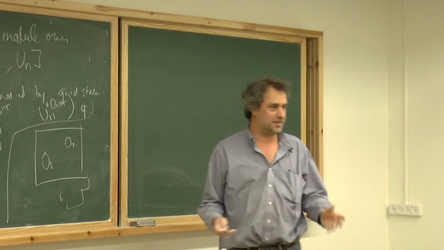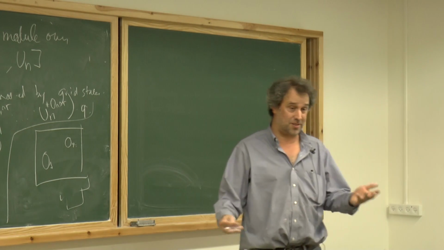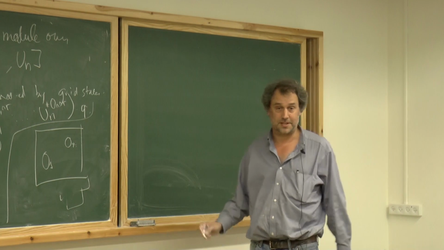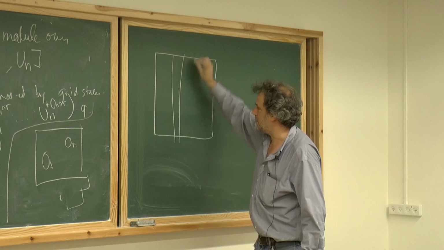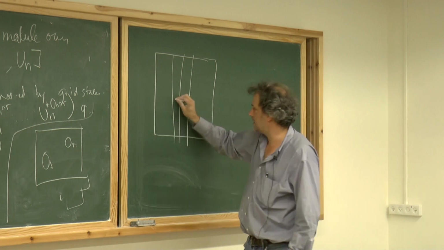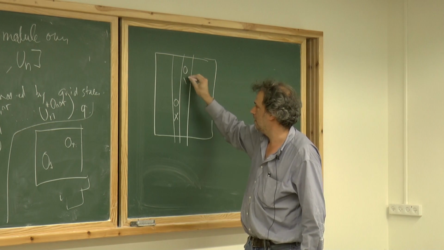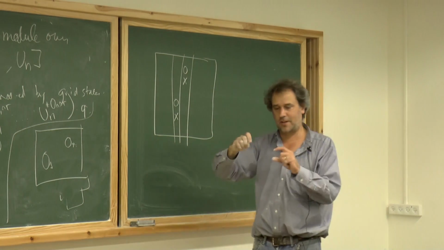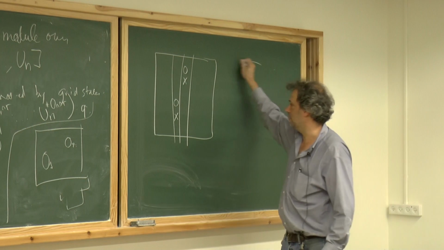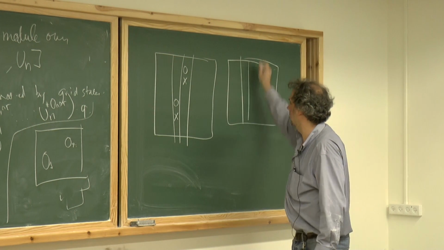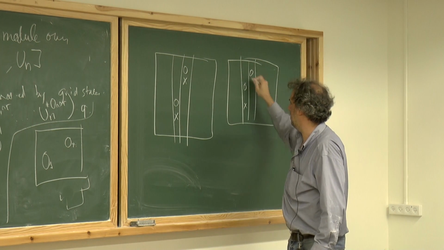So let me tell you some moves that don't change the knot type, but change a grid diagram. If I've got a grid diagram, and suppose I've got two consecutive columns, and suppose that the O and X markings of one of the columns do not interleave the O and the X markings of the other column. So this is allowed, this is not.